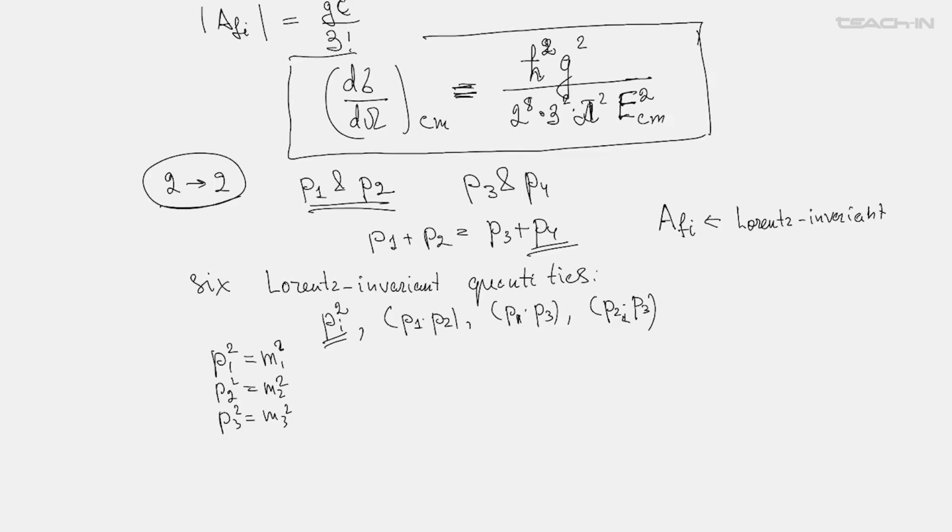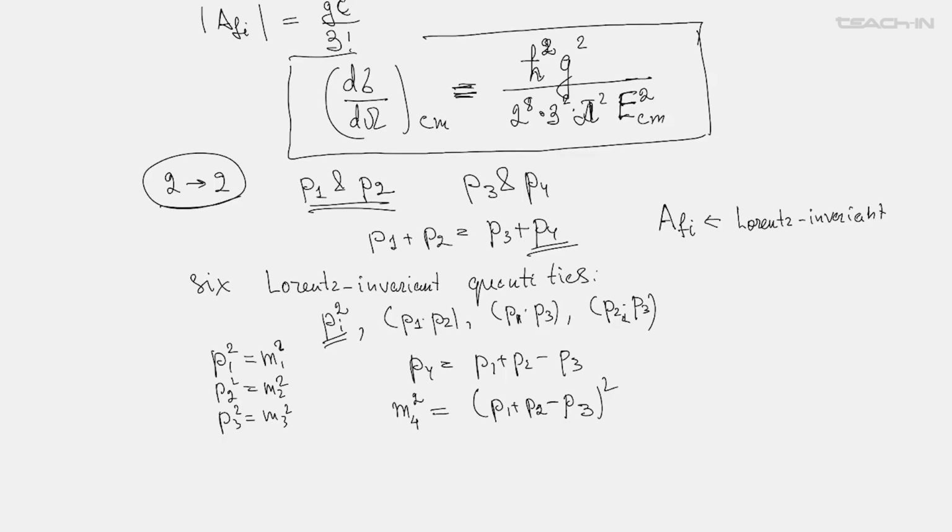And also we have the following relation. Because we can express p4 as p1 plus p2 minus p3, and then take a square of this equation, and p4 squared is equal to m4 squared, then this becomes (p1 plus p2 minus p3) squared, which means that essentially this gives one relation between these 3 quantities.